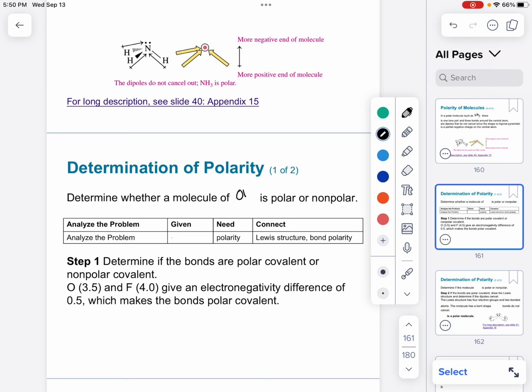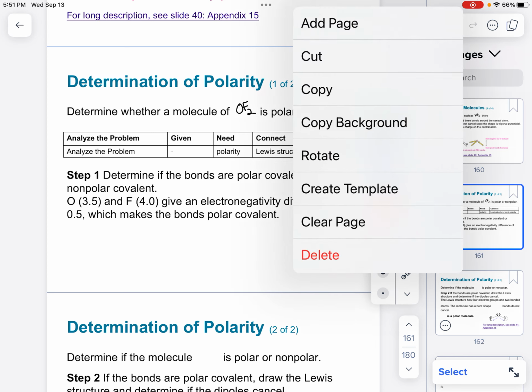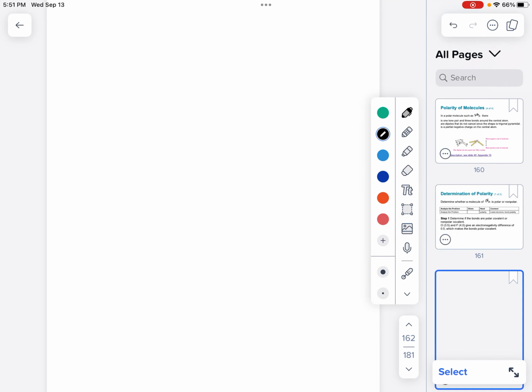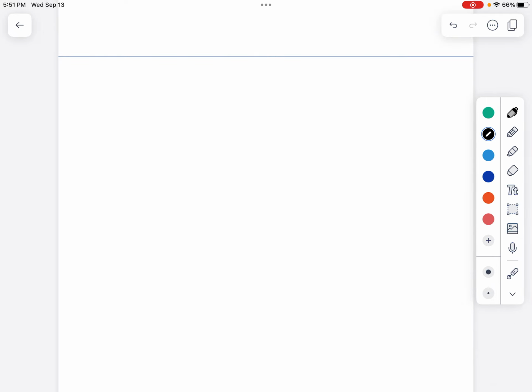Okay, let's look at OF2. I'm going to add a page. Okay, OF2. 6 plus 14 gives us 20 electrons.